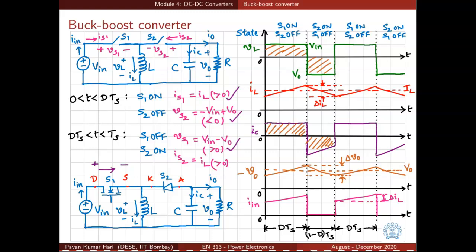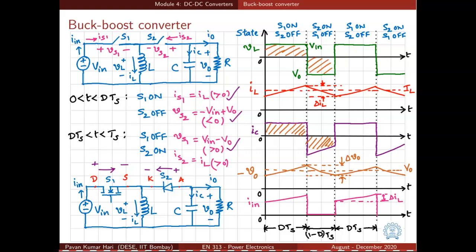And when S2 is on, in the second interval, IS2 is equal to IL. So IS2 will be taking over the current through the inductor, and IL is positive, so IS2 is also positive. That means switch S2 has to conduct in this direction and block a negative voltage with this particular polarity. So a diode would be ideal for S2.